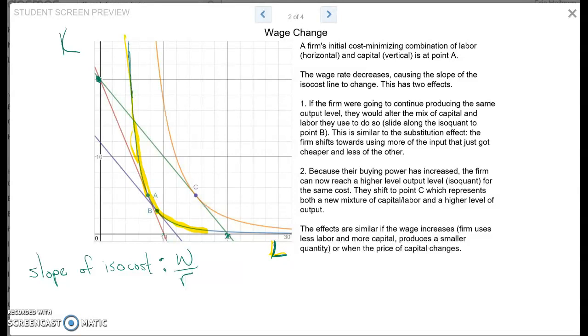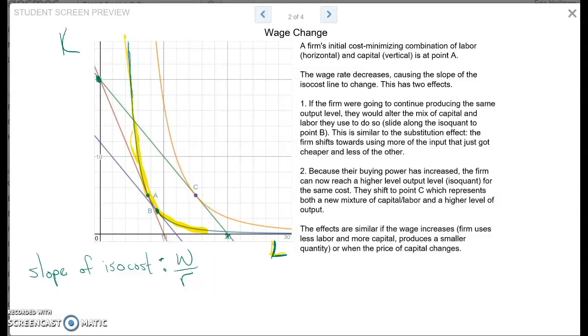So if we were going to produce the same output level, we would shift our mix of capital and labor from A to B. Notice that at B we're using more labor and less capital. That makes sense. Labor got cheaper, so we're going to give up some capital and move towards the input that's cheaper now. So it makes sense that we are substituting towards labor and away from capital when wages go down.